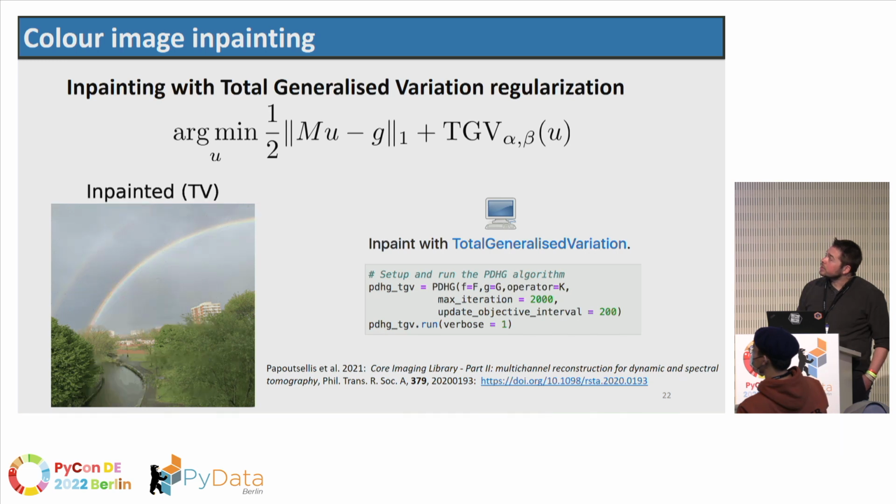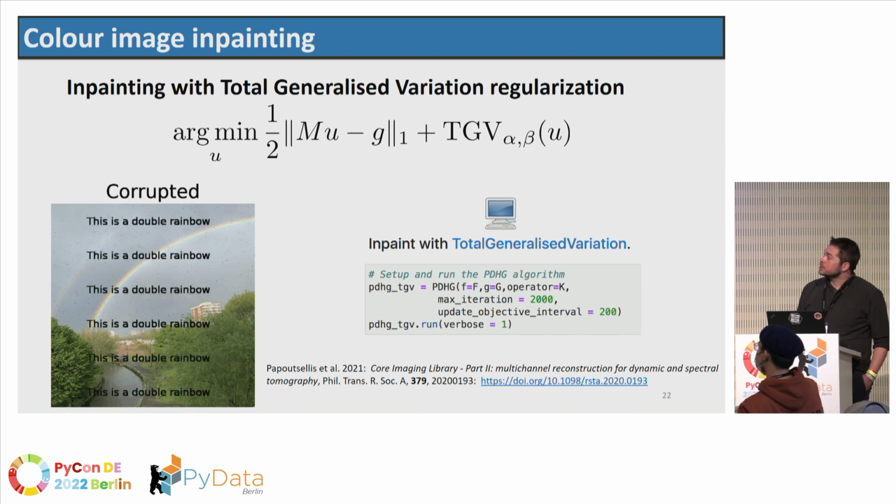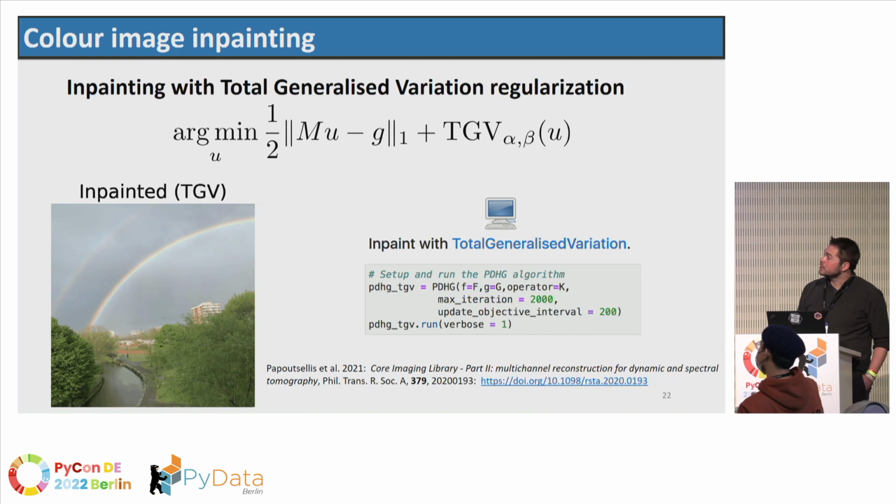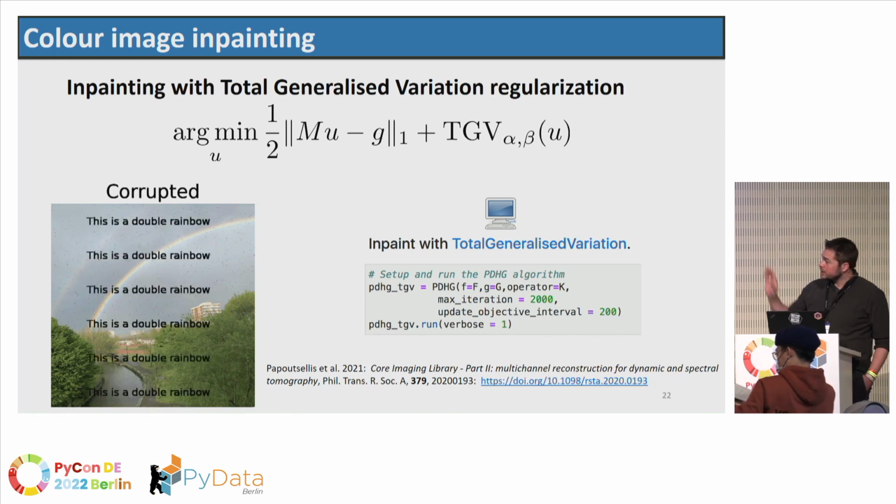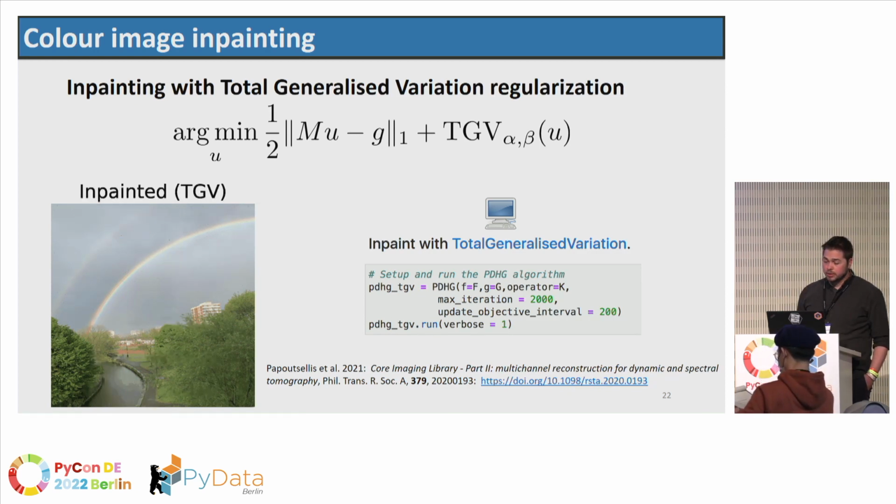We try a variant of TV that I showed you before. This is called TGV, and it's a little bit better for when you have a smooth image. Maybe you can't see so much difference between the two, but at least you see we're able to fill in the blanks and get a nice recovered image. Here we use another algorithm, the PDHG algorithm, which is an alternative to FISTA, that's a little bit more flexible. And the details are in the paper at the bottom there.